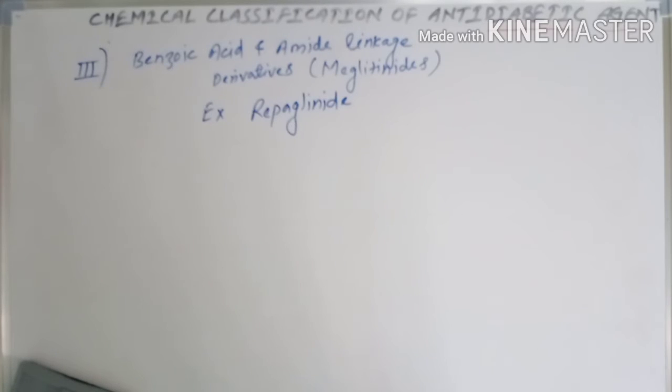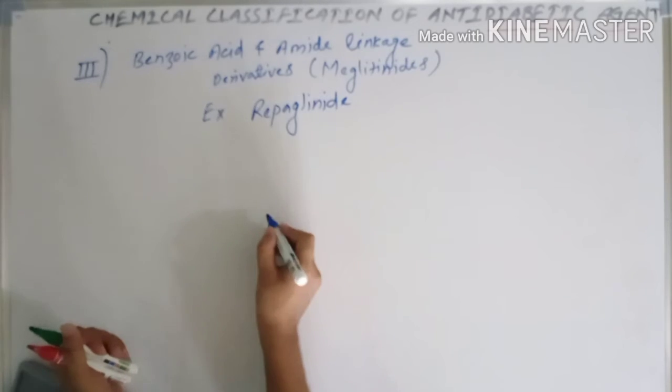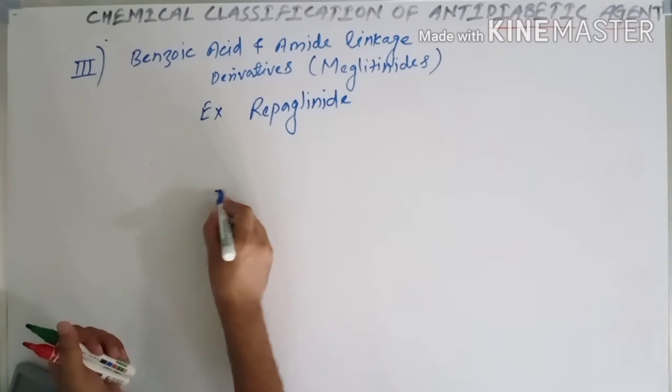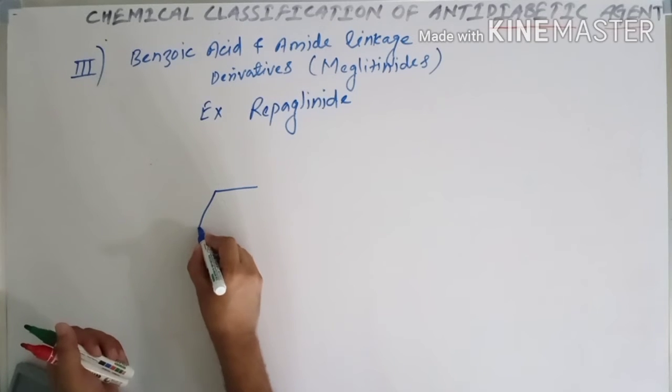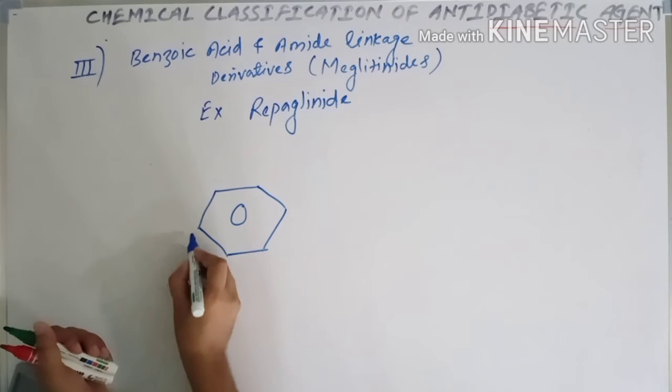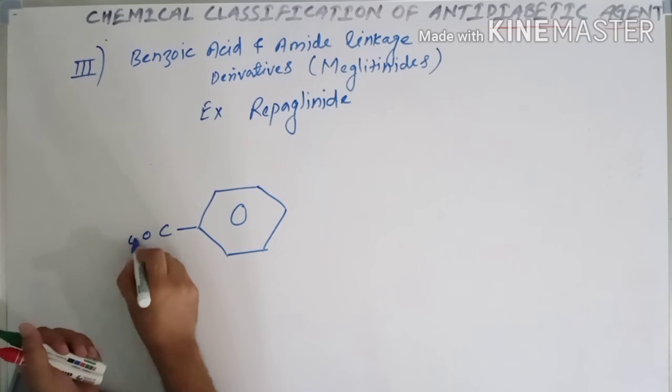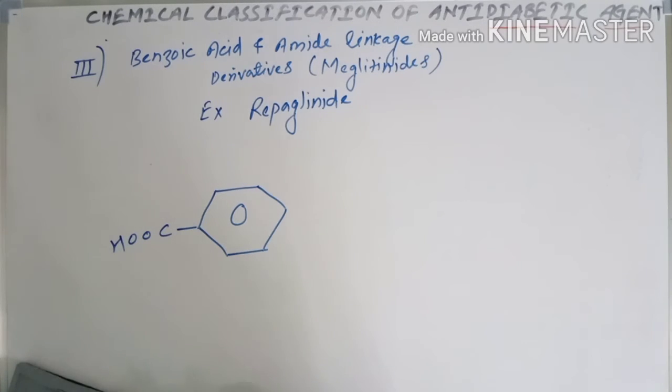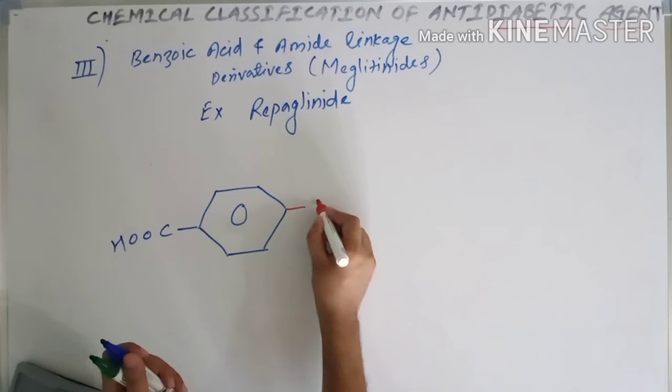As we have discussed, repaglinide comes under the class benzoic acid and amide linkage derivative. So first we will draw the structure of benzoic acid. So here is your benzoic acid, and this drug also has an amide linkage.